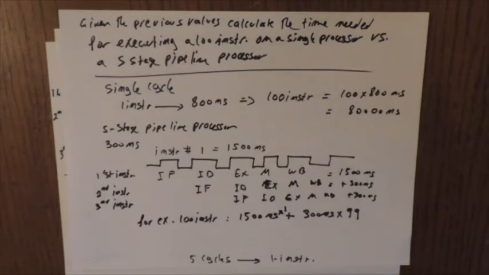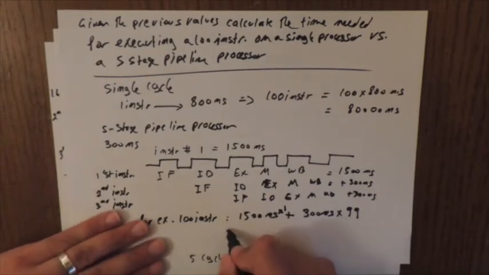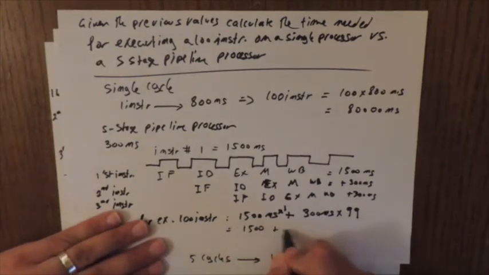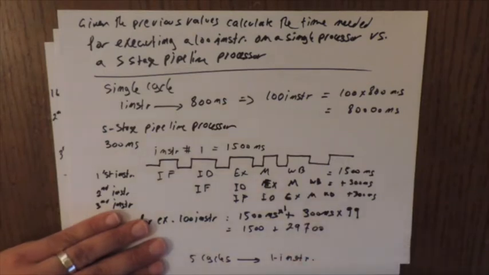100 cycles. So now if I want to calculate the value, 99 times 300, this will be equal to 1,500 plus 29,700, and the total will be 31,200 nanoseconds.